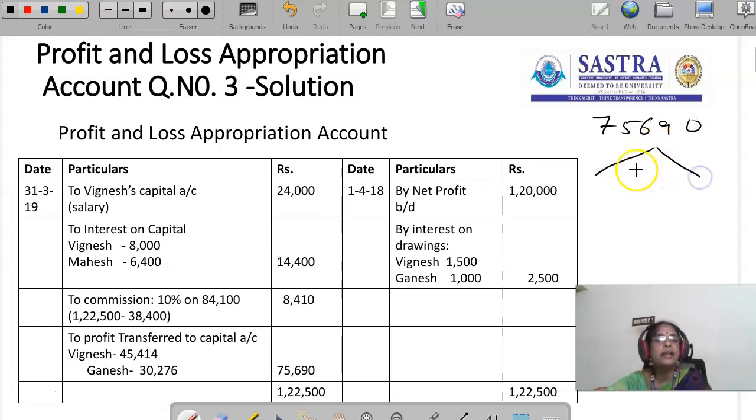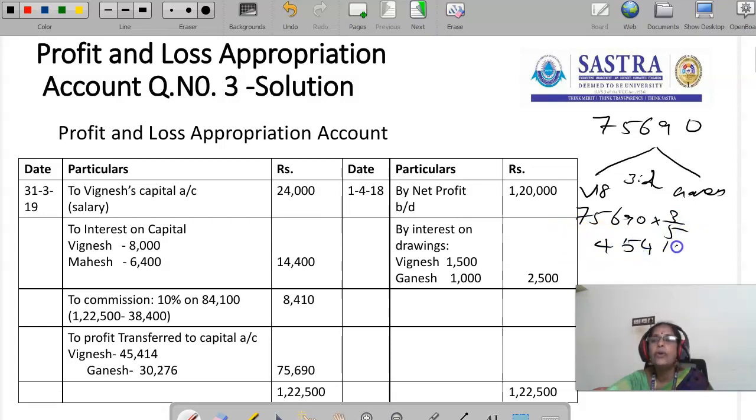There are two partners, Vignesh and Ganesh. How much is Vignesh's share? Vignesh's share is 3/5. They are sharing profit and loss in the ratio of 3:2. So 75,690 into 3/5, he will get 45,414.